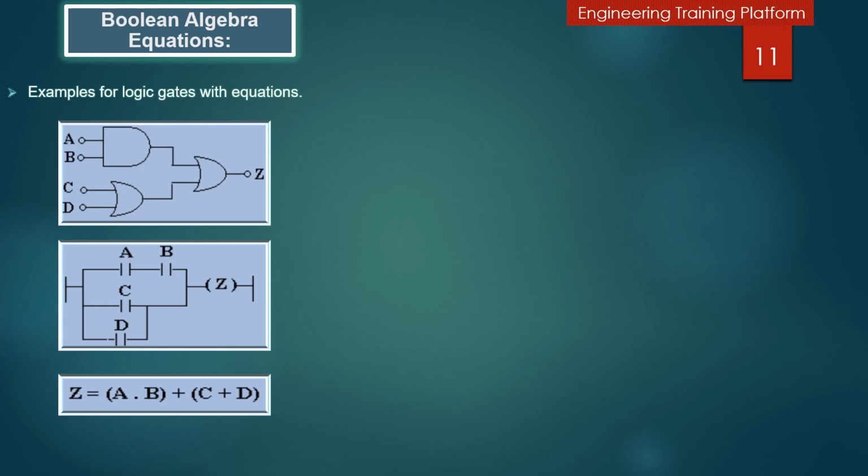When both are turned on, the output will be on. But in the OR gate, when any of these contacts is closed, the power will flow through the contacts and the output coil will be energized. Next, I will explain the complete equations, and I hope it will be understood.